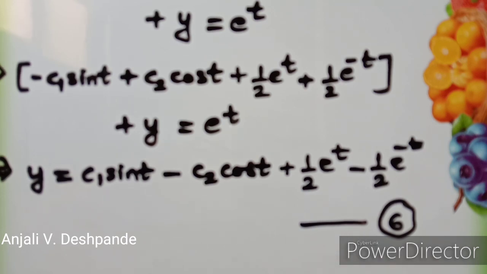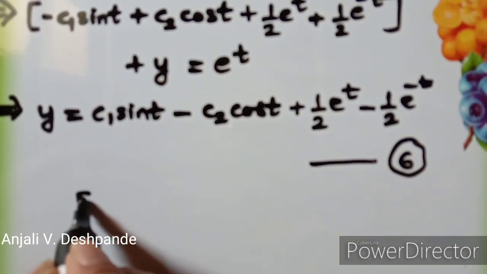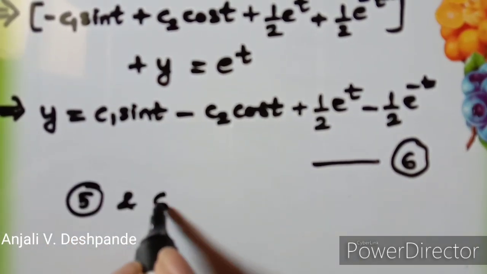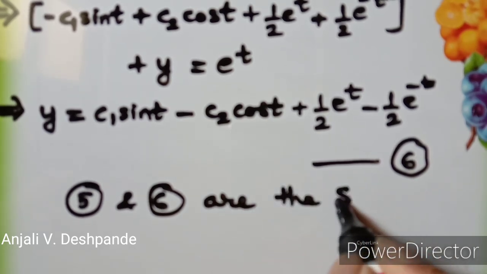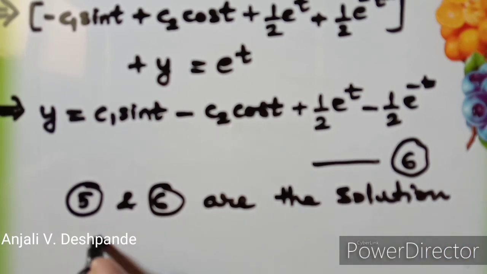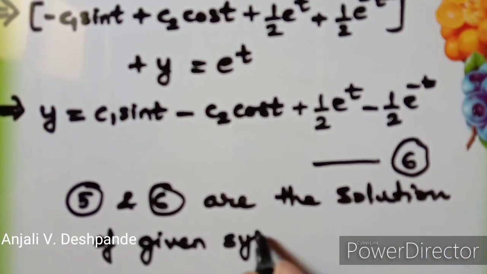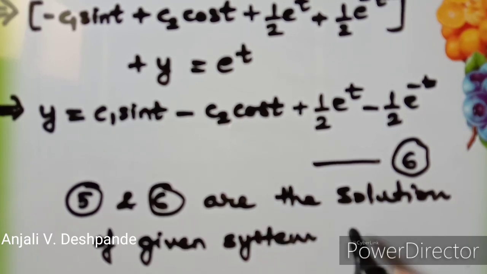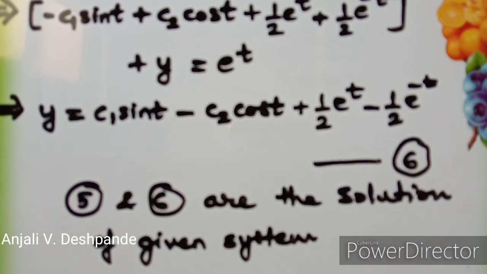And 5 and 6 together are the solution of the given system of simultaneous linear differential equations. So this is how we have to solve the simultaneous linear differential equations.